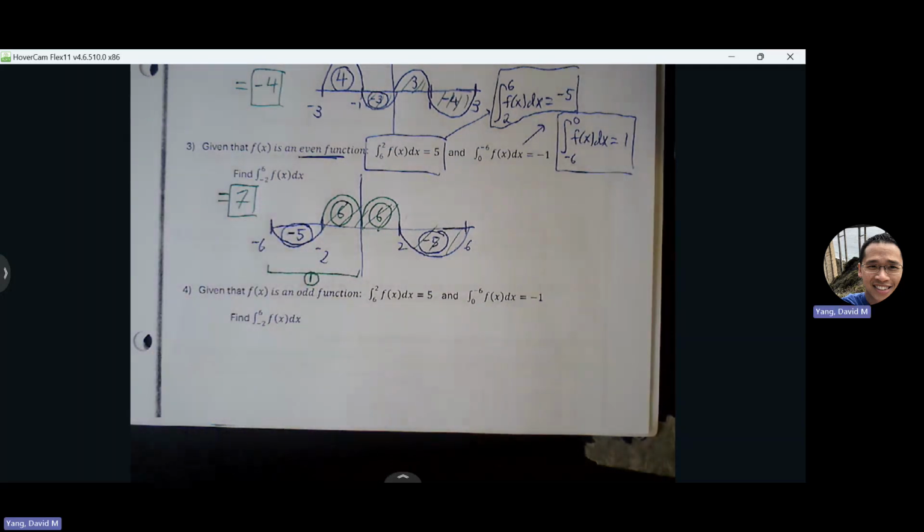All right, you guys want to try number 4. Number 4 is really the same properties as number 3. It's just instead of even, it's an odd function, but see if you can work through all the steps here.